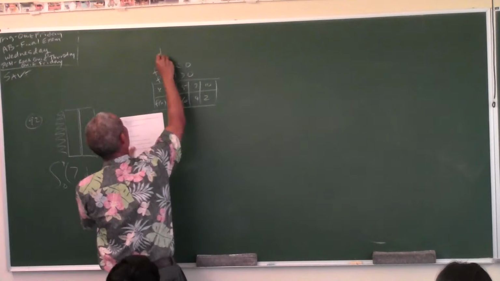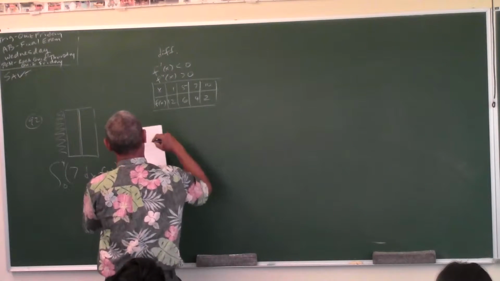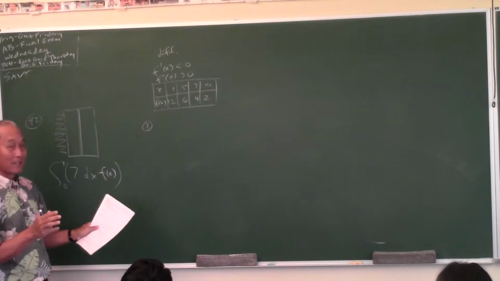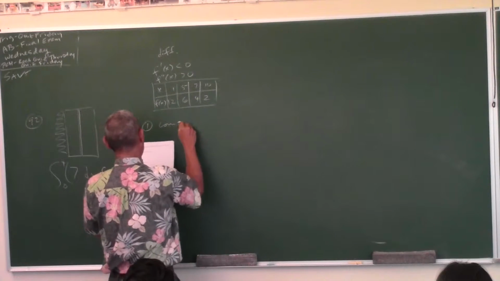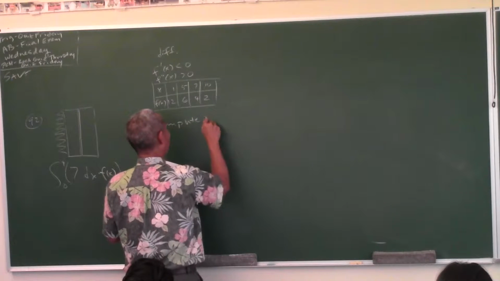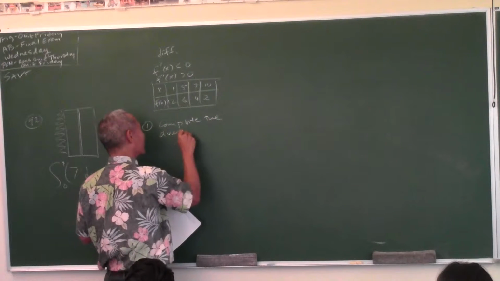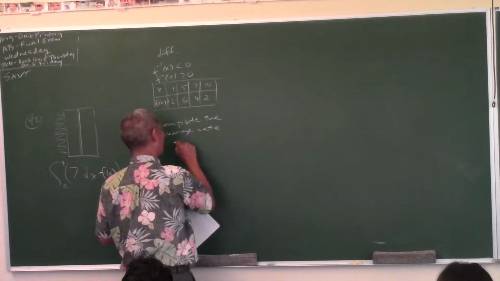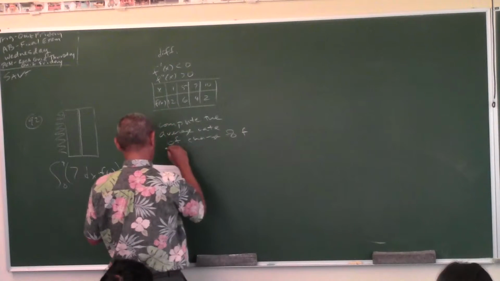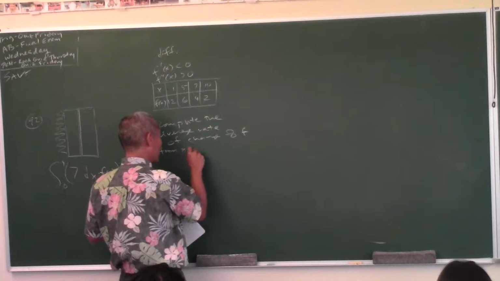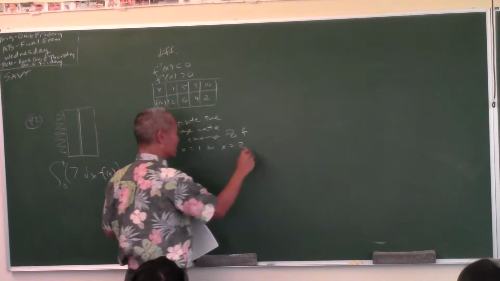This is a differentiable function. This is exactly like tomorrow's test is going to be. Number 1, compute the average rate of change of f from x equal 1 to x equal 2.